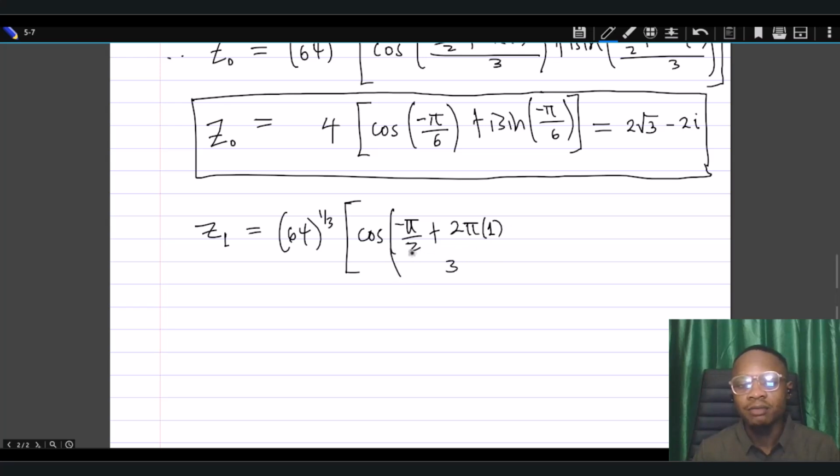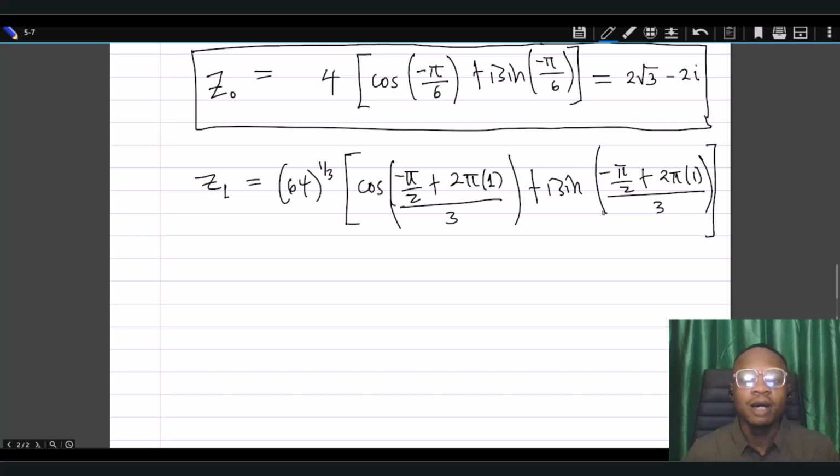So we have something like this, and this is plus i sine of minus pi over 2 plus 2 pi into 1, then divide everything here by 3. So we close this off and close this off. So with that, we are good to go. We have an expression here for the result when we have minus pi over 2 plus 2 pi.